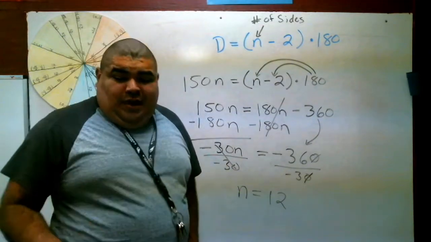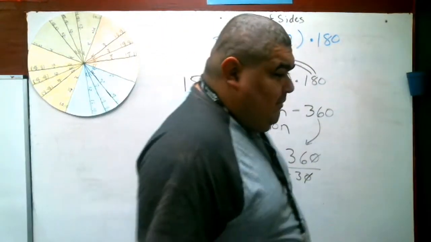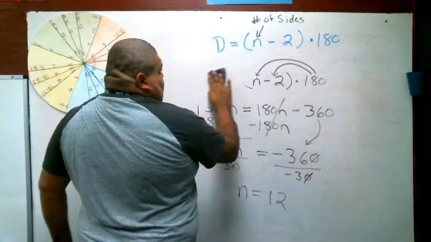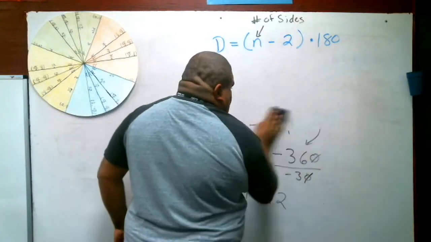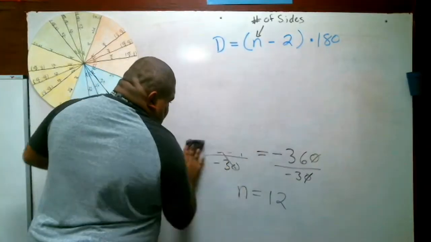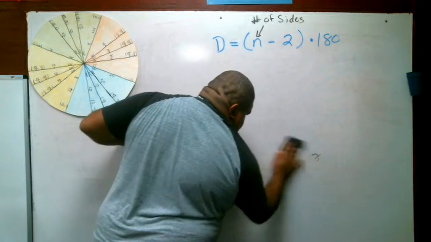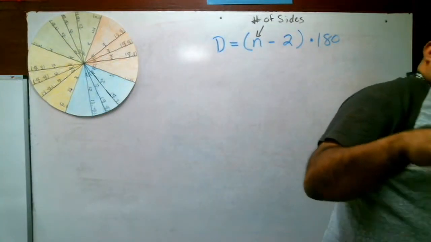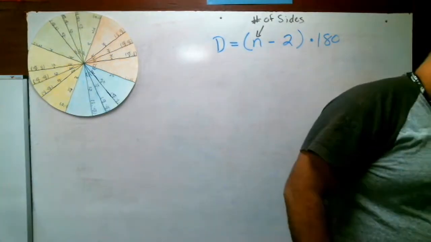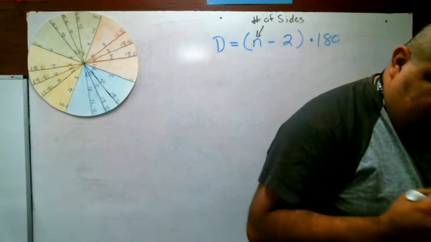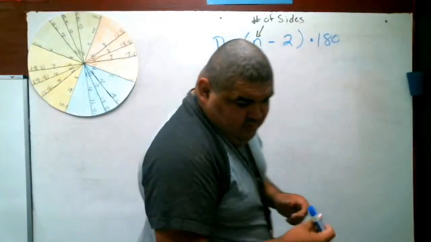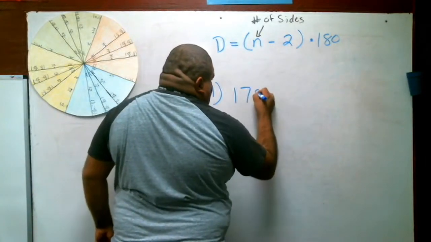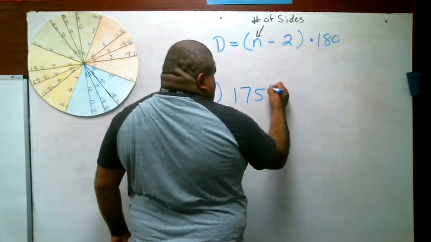All right, now that you have it, your assignment for today is this. I'm going to leave the equation up there for you. We're going to find how many sides, or what kind of shape should I say, has, number 1, 175 degrees.